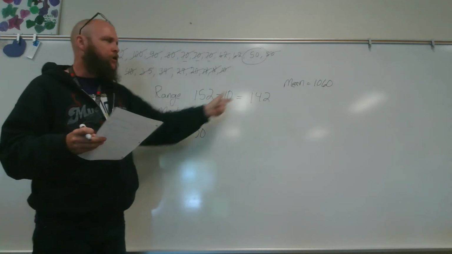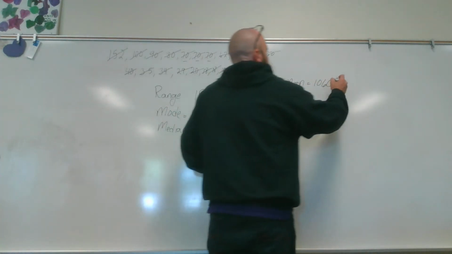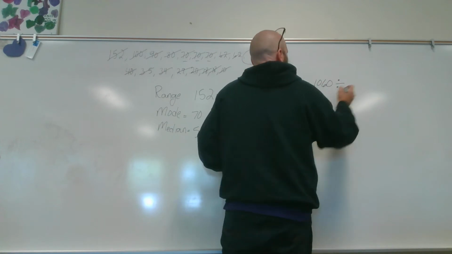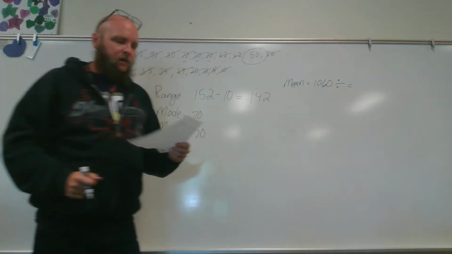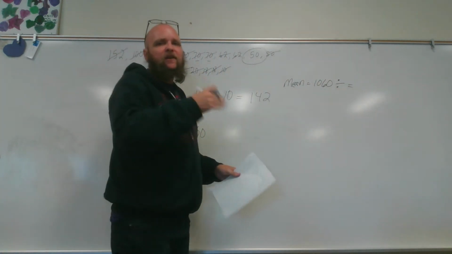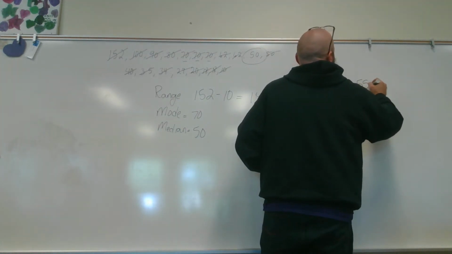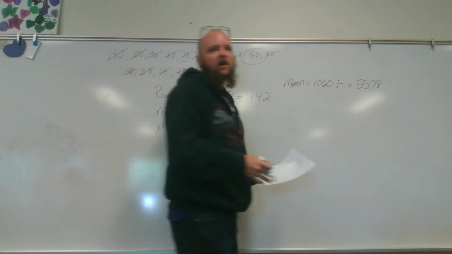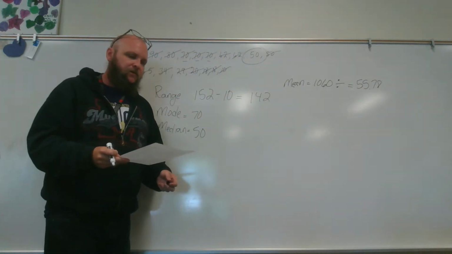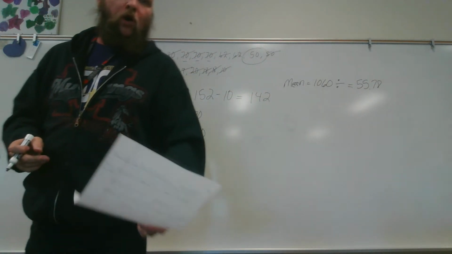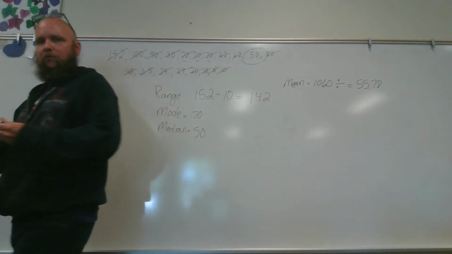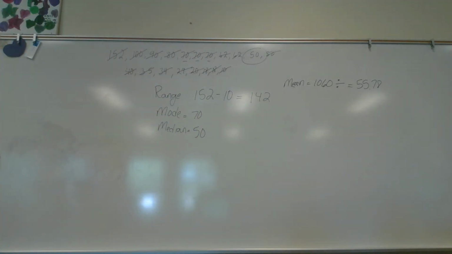So you divided that by 19, and your mean would equal 55.78. I just stopped in the hundredths place. So that would be number 1 from the Passport to Mathematics textbook.